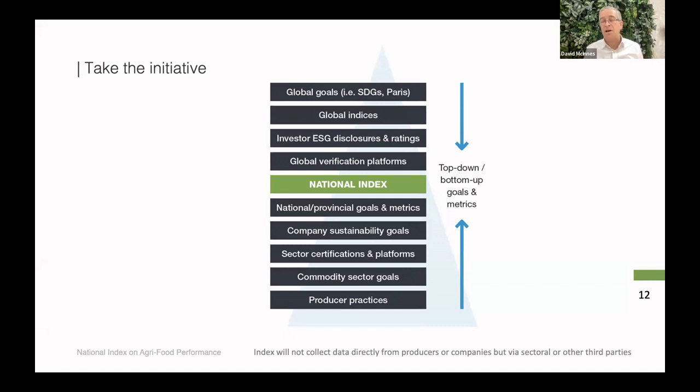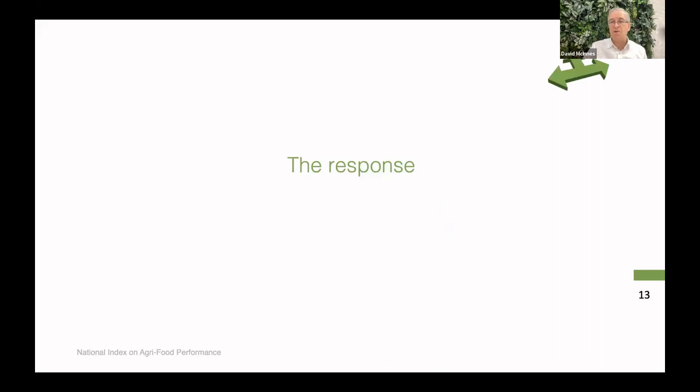I would say this across the world, but I'm speaking to Canada specifically, a lot of activity from producers, processors, retailers, provinces and other jurisdictions who are trying to actually respond and declare how they are being more sustainable. And that is exactly the connection point or the midpoint where our initiative to advance a new national index comes into play. So I'm going to delve a little more deeply into that, and then hopefully this will make some sense to you.